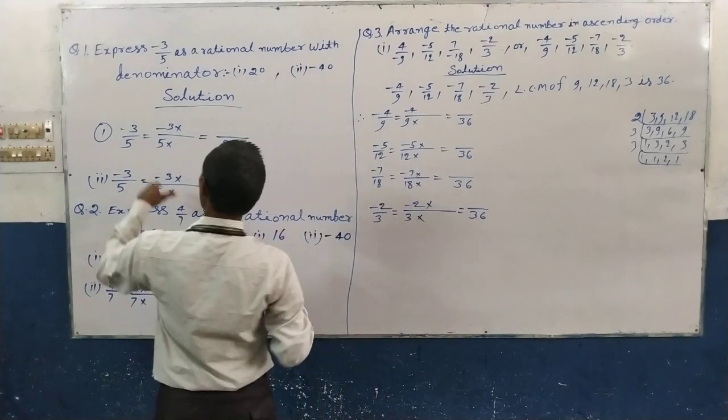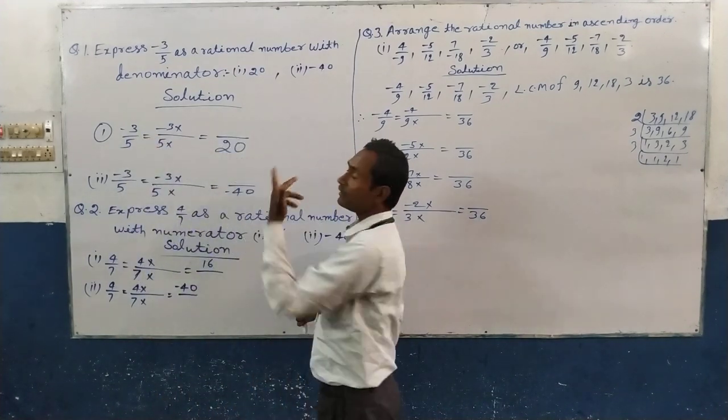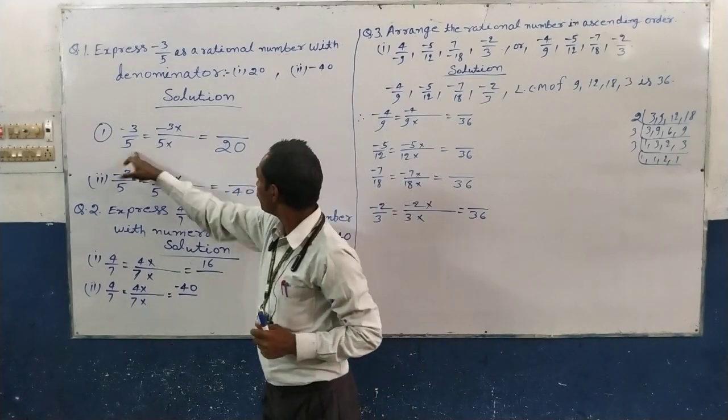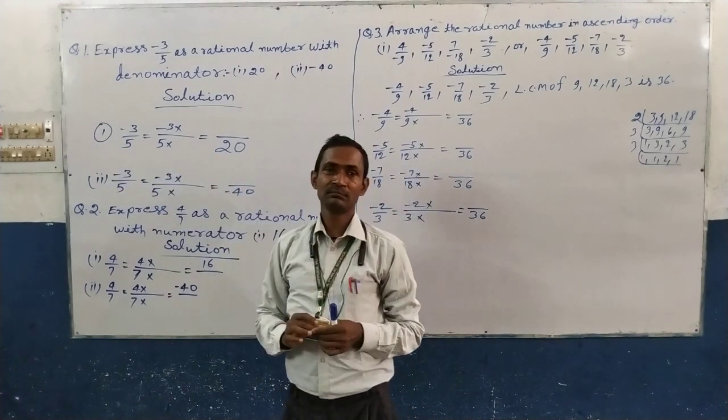So -3/5, denominator 20, how can we find?